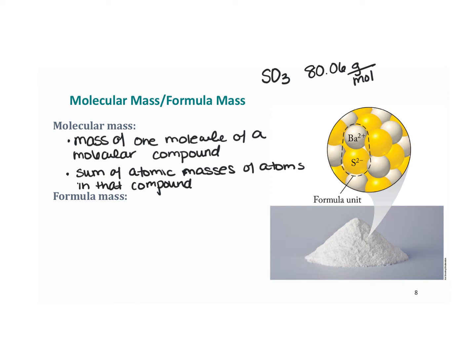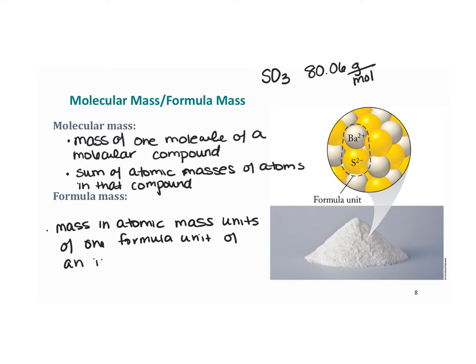Now, what we've seen more in chemistry more recently is formula mass. Formula mass is the mass in atomic mass units of one formula unit of an ionic compound.